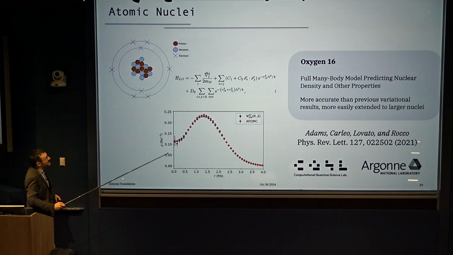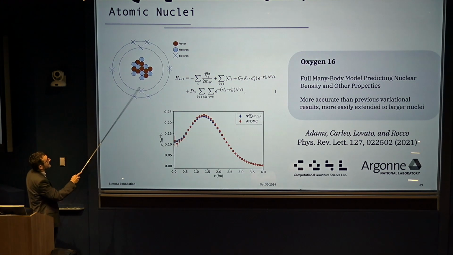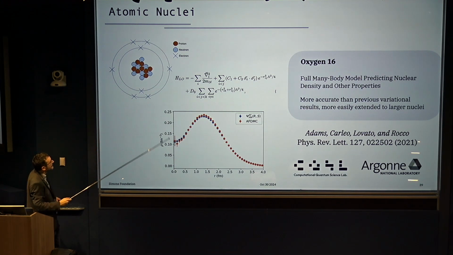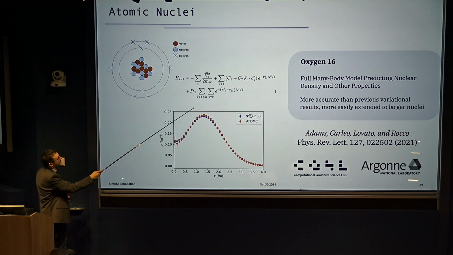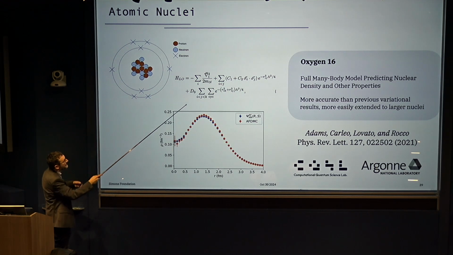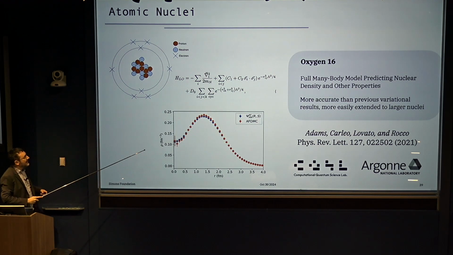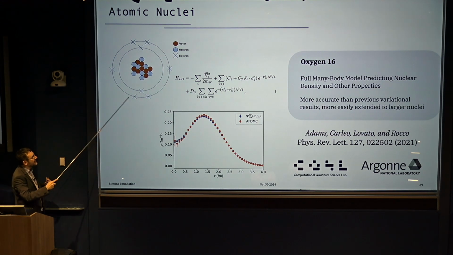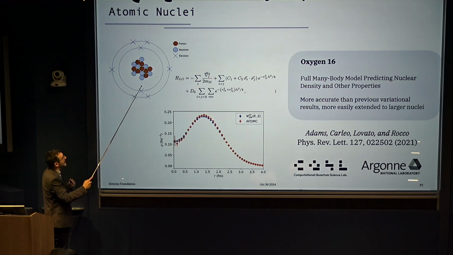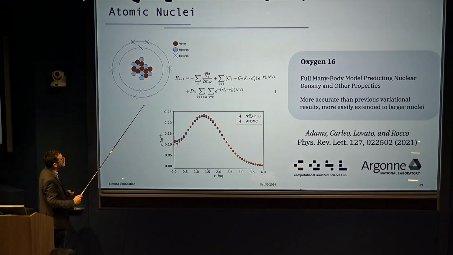In a collaboration with Argonne, we've studied, for example, the nucleus of oxygen. So you have 8 protons and 8 neutrons. We studied this in the case of a non-relativistic scalar Hamiltonian. In this case, you can predict, for example, the density of these nucleons.